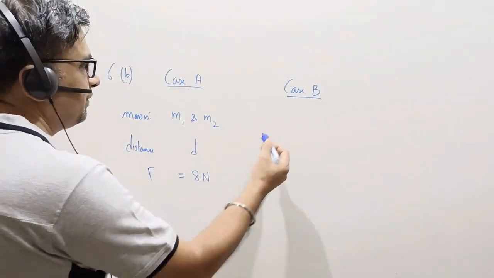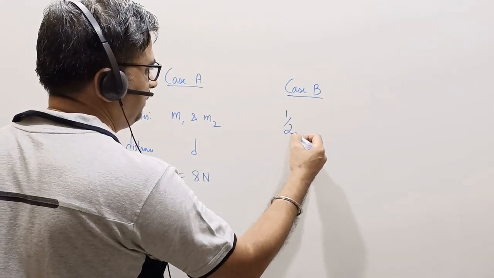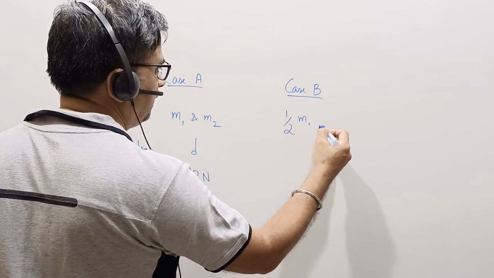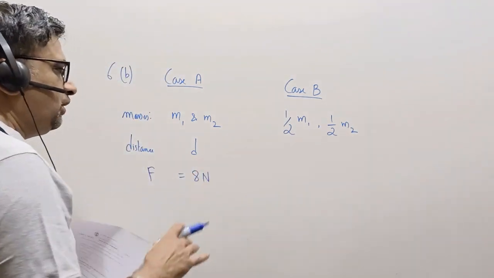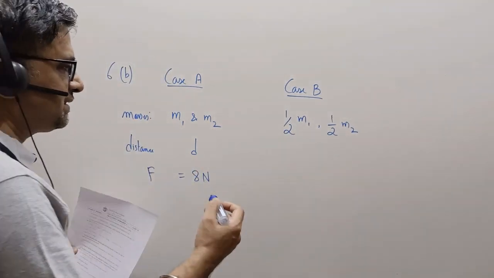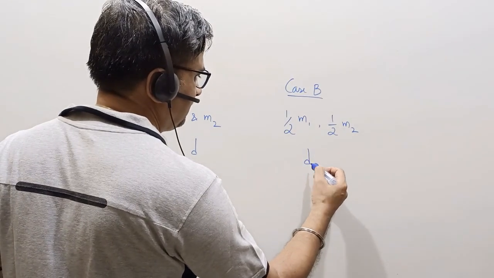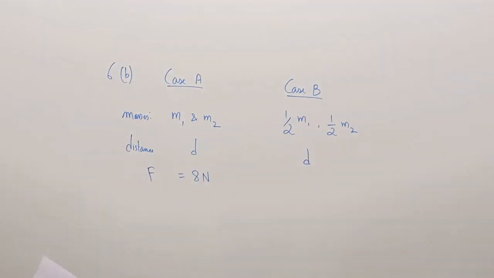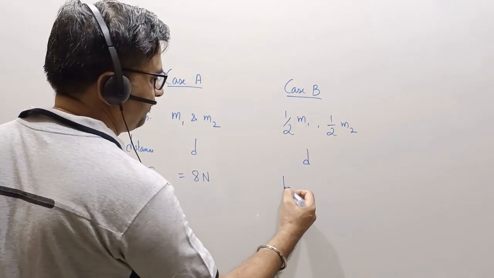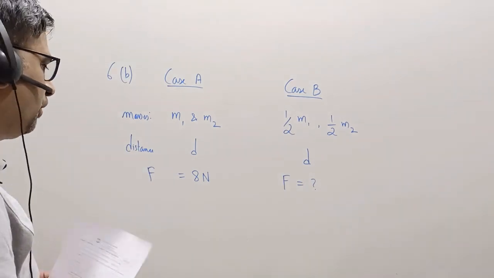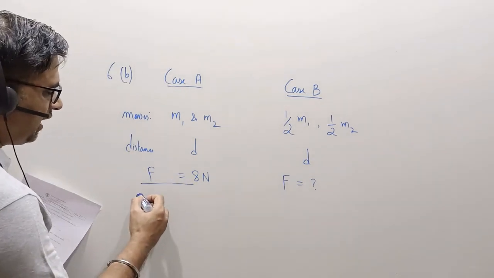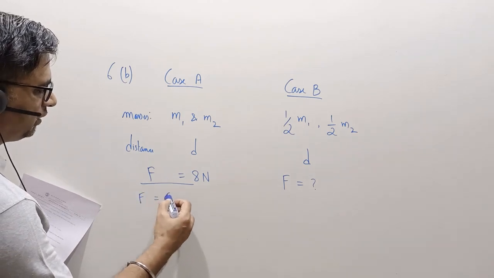So in this case, the masses are only 1 by 2 m1 and 1 by 2 m2. If there is no information given about the distance, it is implicit that the distance is still d. So now we have to find F. How do we go about it?